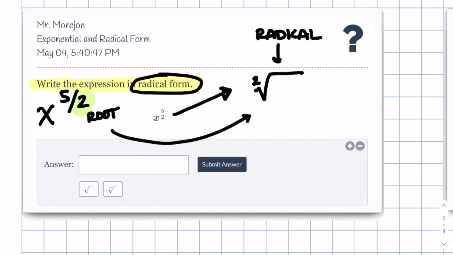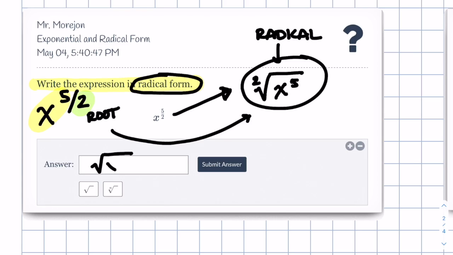You can just leave it. And then the rest of it, we can just write inside. So that would be my answer to this one. I would write square root of x to the 5th power. Done. Submit. And it should show a little check mark over here that's green.